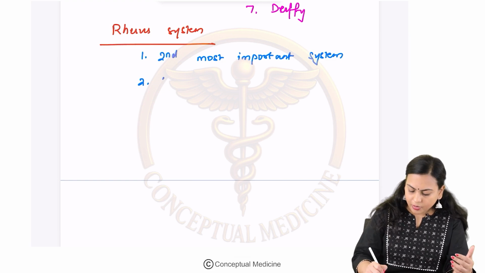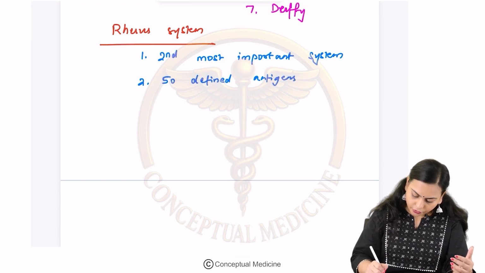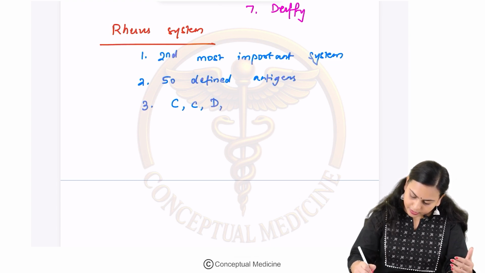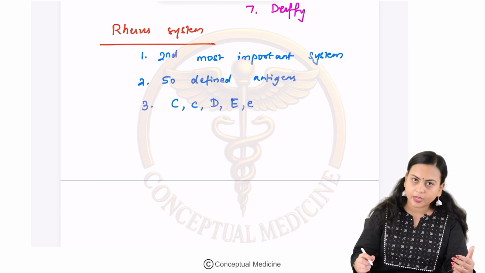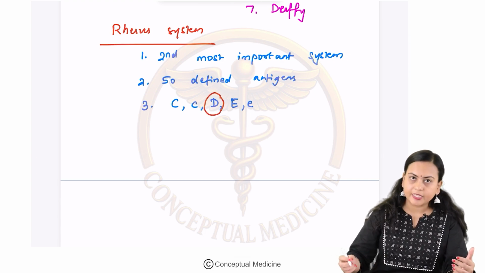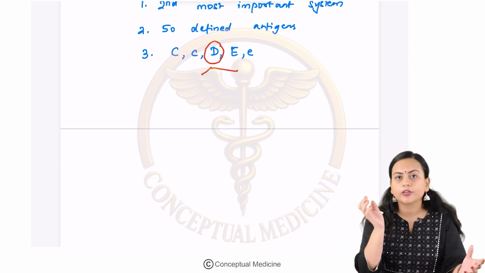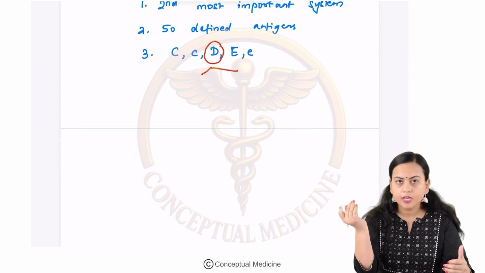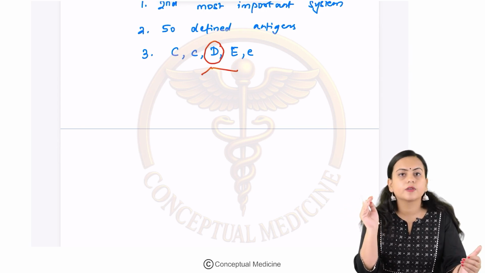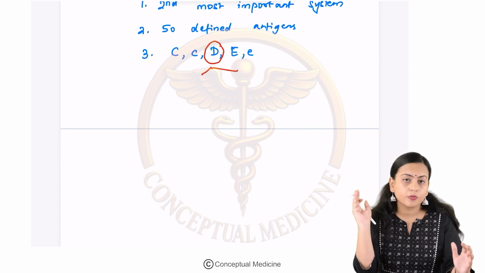In the rhesus system, there are almost 50 defined antigens, but the most important ones are capital C, capital D, capital E and small e. Among these, the most potent antigen is D. Based upon this only, we classify the mother as Rh positive or Rh negative. If the D antigen is present, then she will be called rhesus D antigen positive, that is, an Rh positive woman.